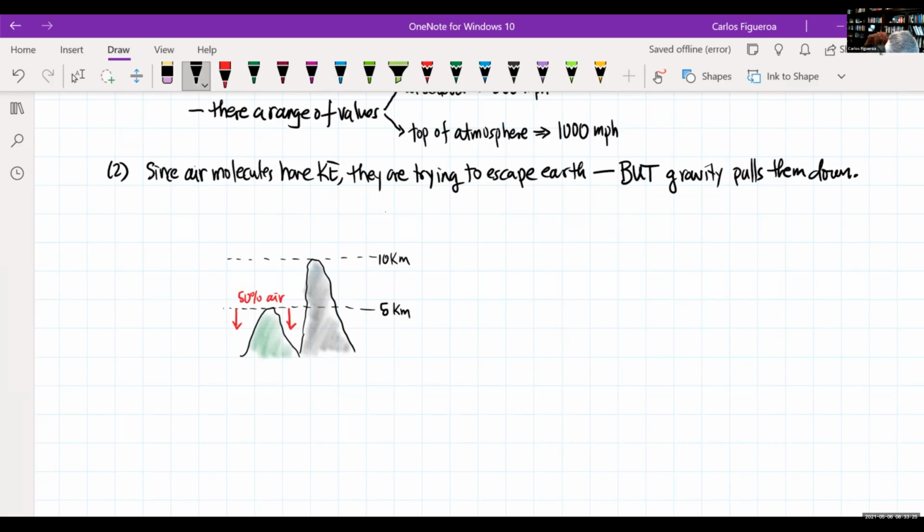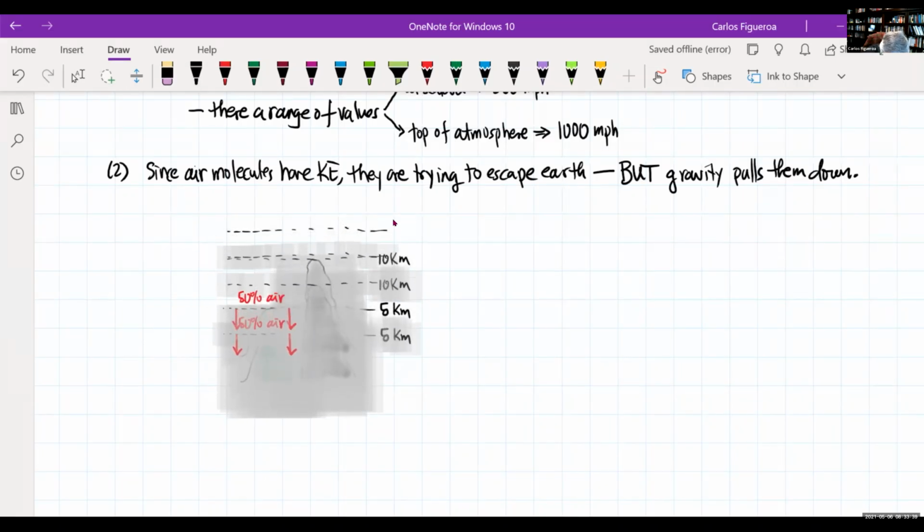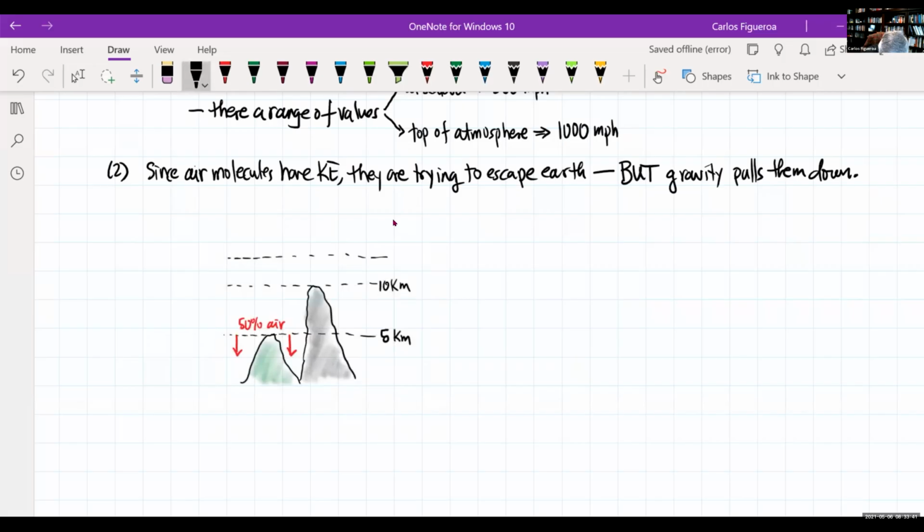And so as we start to go up, when you get to the 20-kilometer mark, again, I'm running out of space, so let me move this down a little bit. At the 20-kilometer mark, what you'll find here is that everything below this line is 90% of the air.